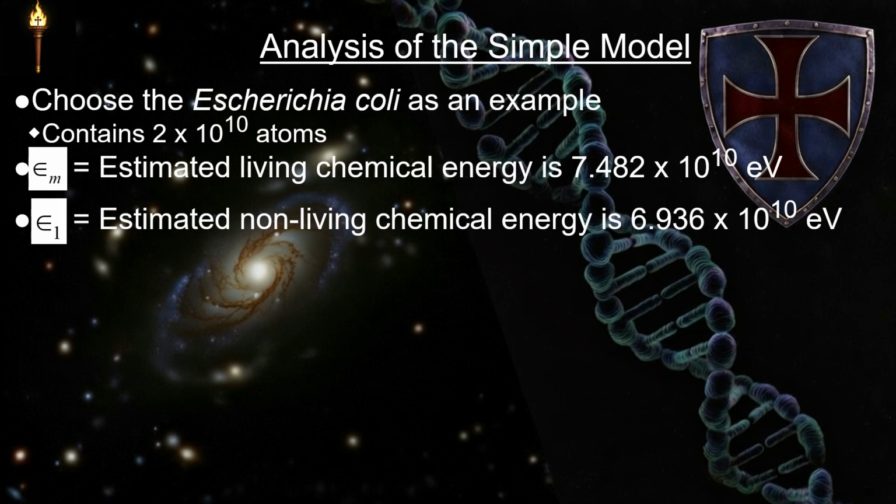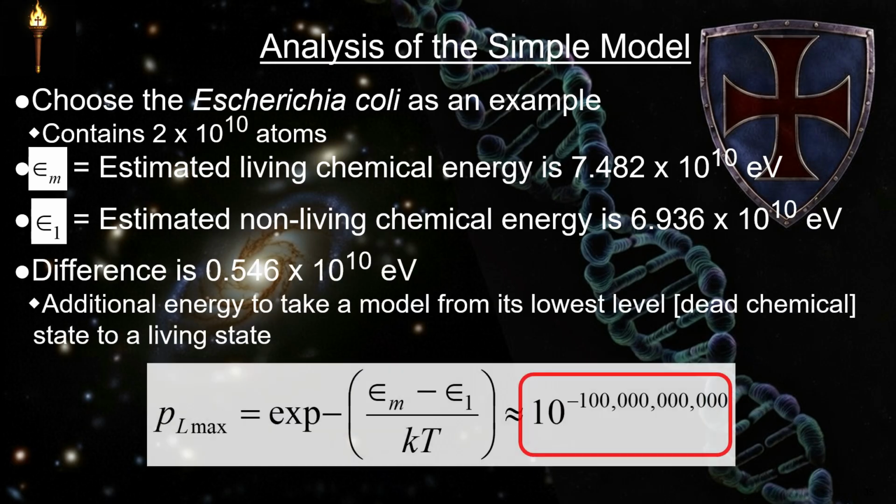Epsilon 1 is the estimated non-living chemical energy, is 6.936 times 10 to the 10 electron volts. That difference is 0.546 times 10 to the 10 electron volts. That's the additional energy that this model would use for this particular type of cell to move from its lowest energy level, which are dead chemicals, to the state of a living state.